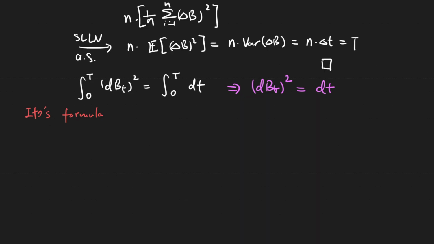Ito's formula says that when we have a function that takes a Brownian motion as input, the difference between the function at time t versus time 0 equals the integral of the first derivative plus a half times the second derivative.